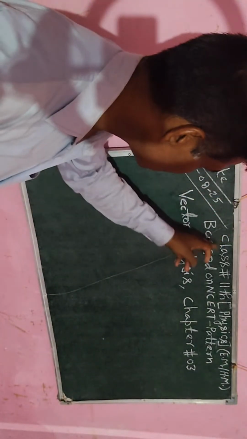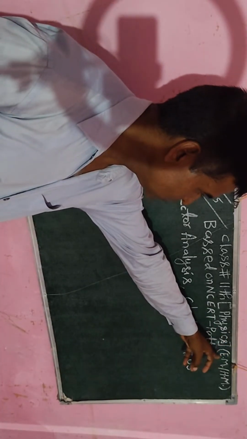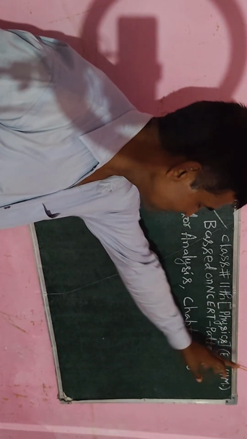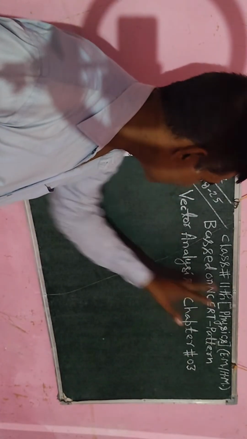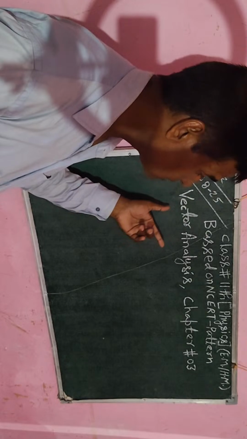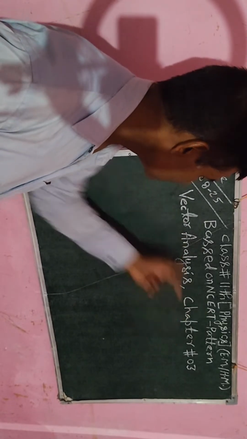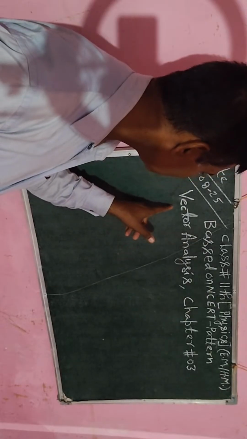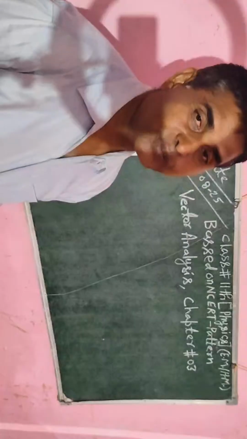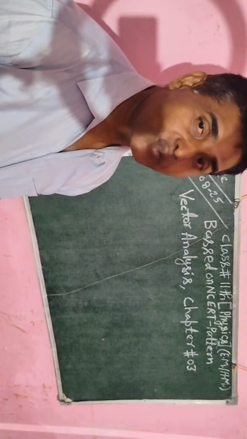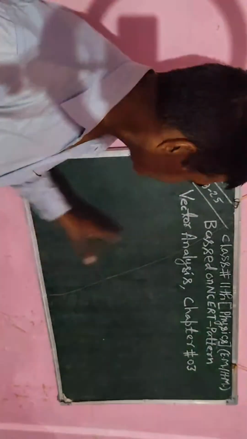Now this is the class 11 physics book, available in English medium and also in Hindi medium. It is based on the NCERT pattern, and I am going to explain chapter number 3, whose name is vector analysis. I have already explained scalar quantity, vector quantity and the types of vectors in detail.